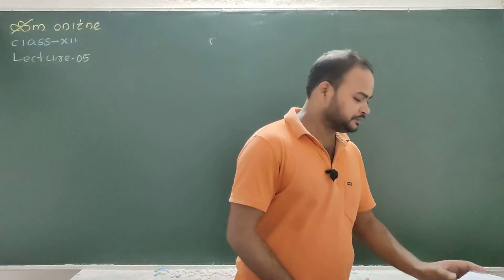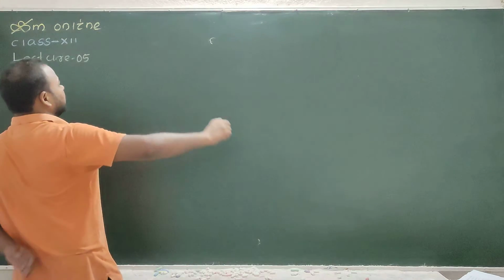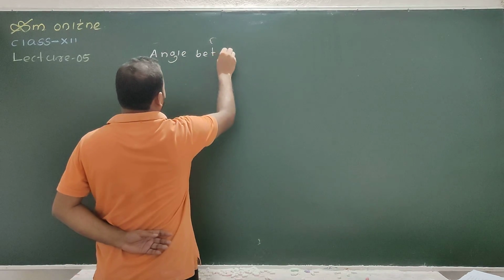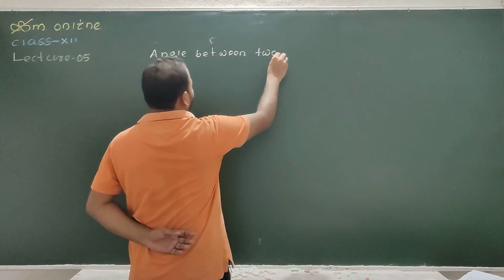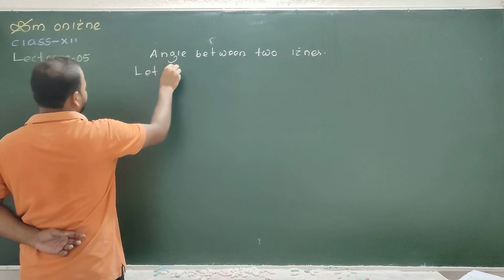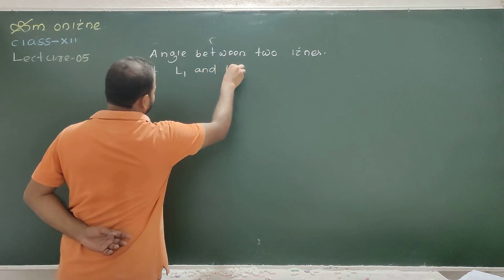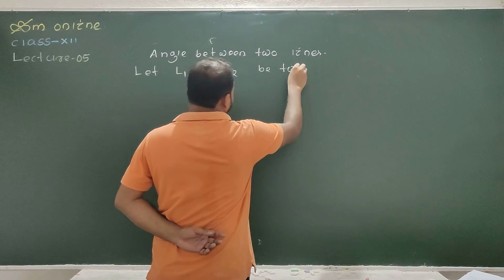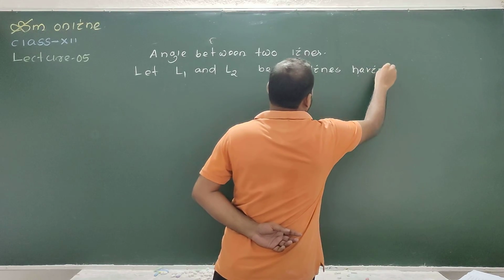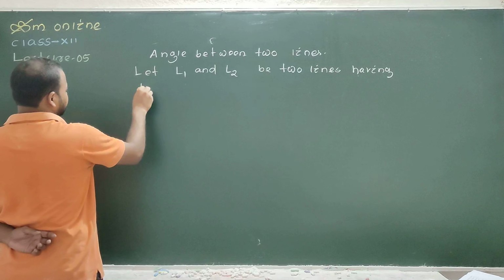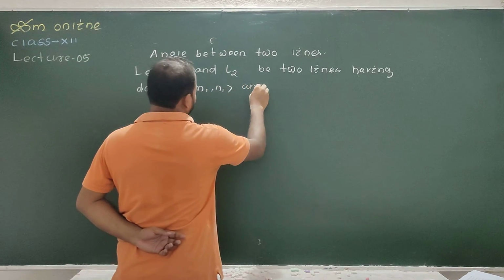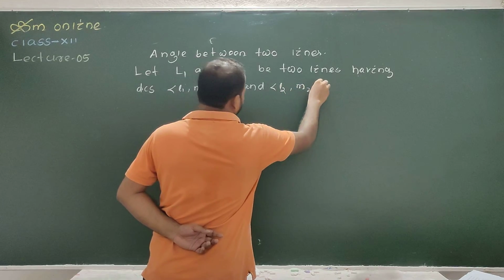So, the angle between two lines. Let L1 and L2 be two lines having DCS L1, M1, N1 and L2, M2, N2.